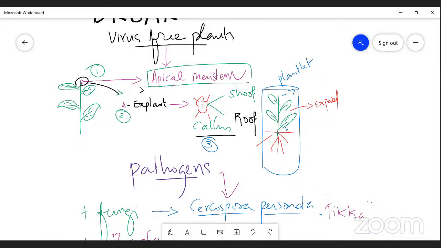Shoot meristem tip culture. Very good. Shoot meristem tip culture. Do you understand the diagram drawn on the screen? Yes, sir. Right? Could you mention the growing point of a plant? What is it called? Yes, students. Actually, the growing point is also known as the apical portion.